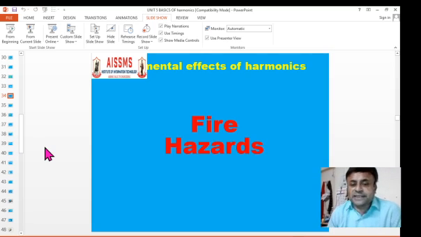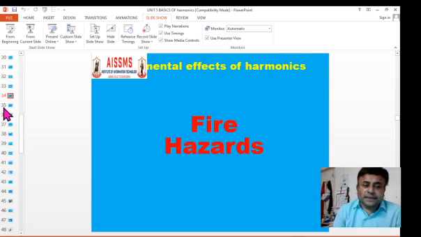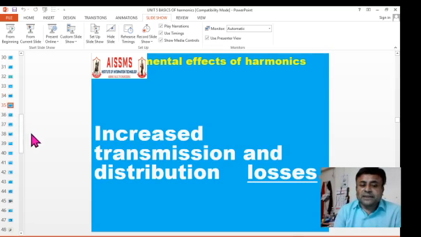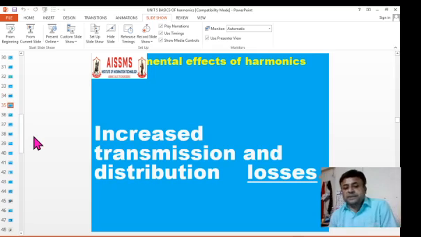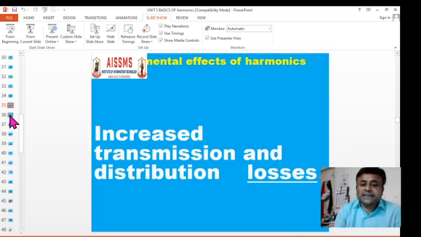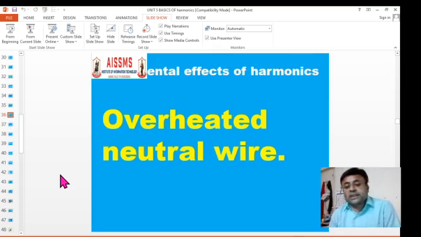Then there are fire hazards. If more current flows through any device, then it is likely that there will be fire hazards, resulting in burning and loss of revenue. Then T&D losses are also increased because of incorrect reading. Then overrated neutral wire.